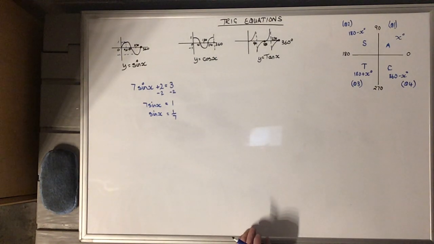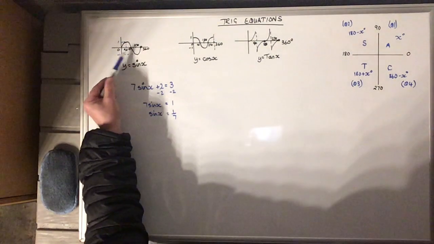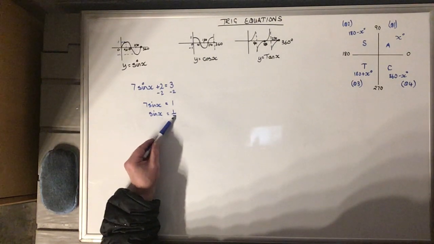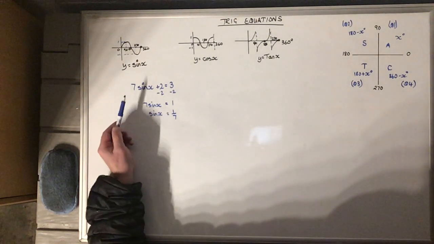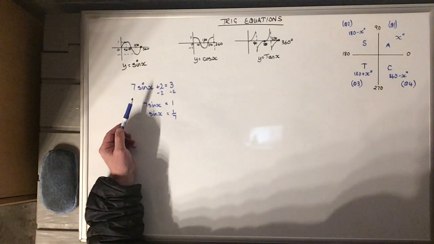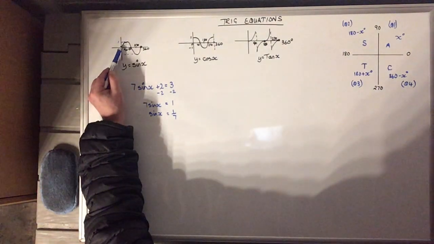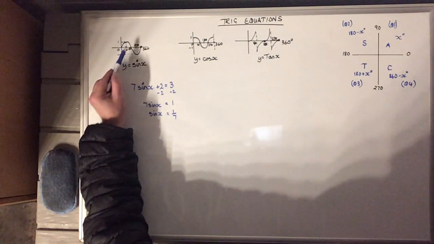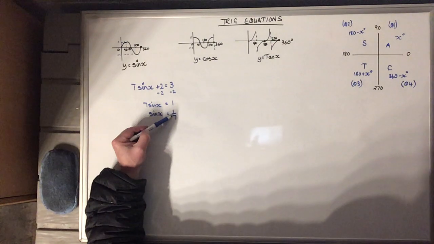Now, at that point there, there's a couple of ways you can relate it to what you want. You can either use the graph version of it, and we want to know when sine x is equal to a seventh. Now a seventh is very small, about 0.1, 0.2, so it's in here and it's positive. So we're looking for two values, one in the first quadrant and one in the second quadrant, because this value is positive.